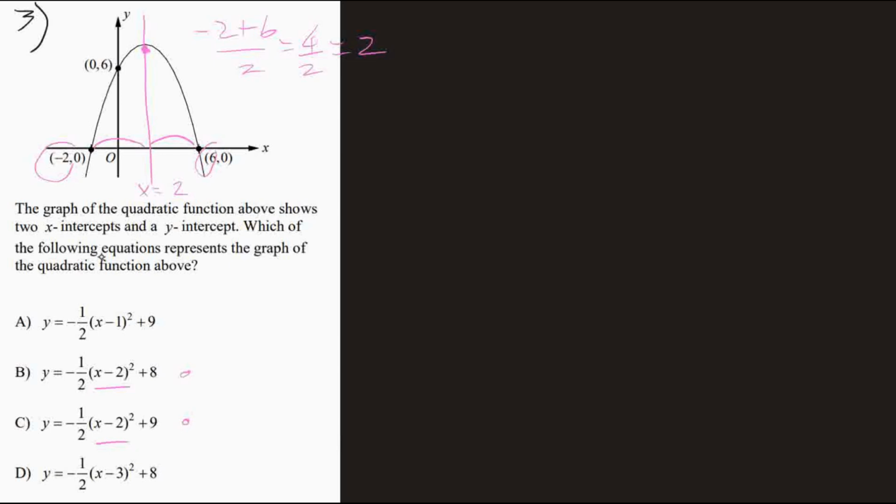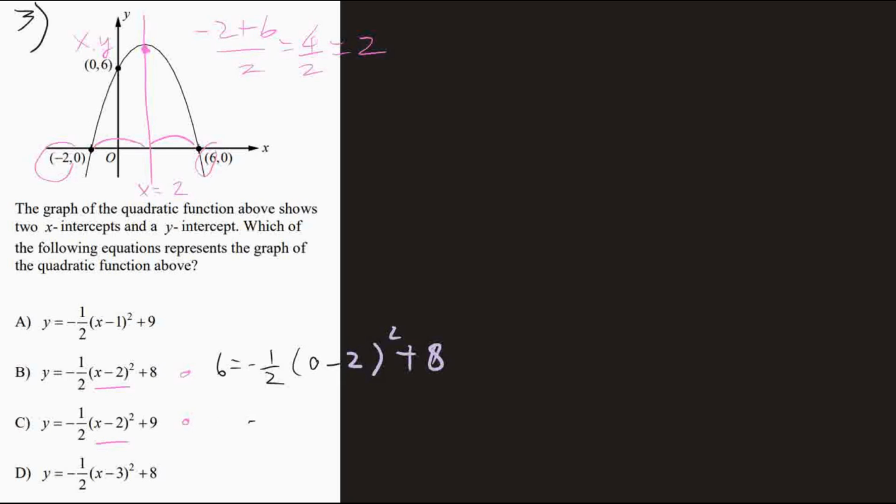Now let's use this coordinate, x comma y. Now we just test this equation one by one. y is 6, and it's minus half times (0 minus 2) squared plus 8, and we see that this is 6.